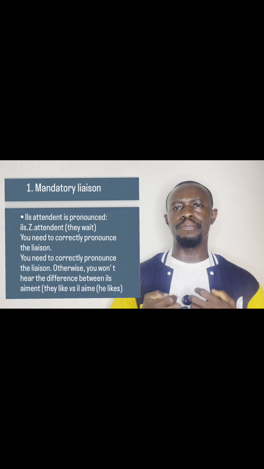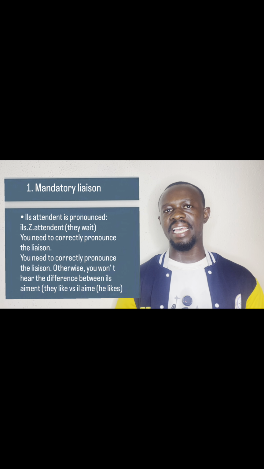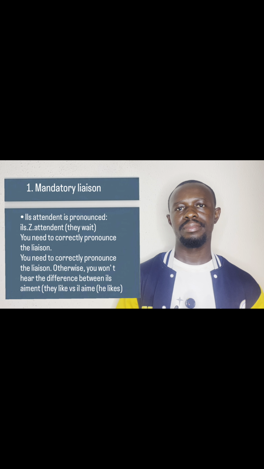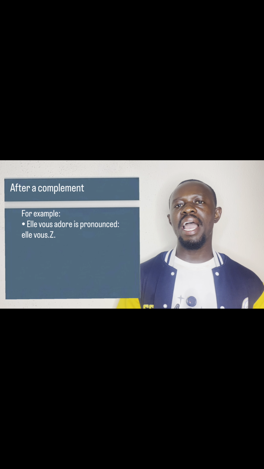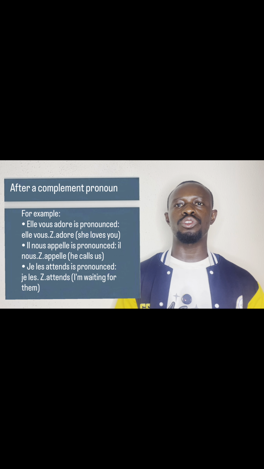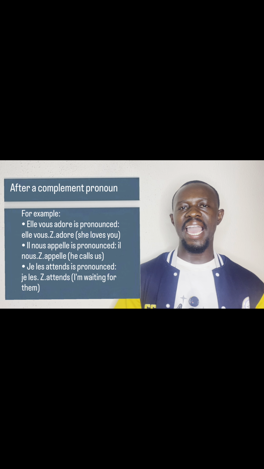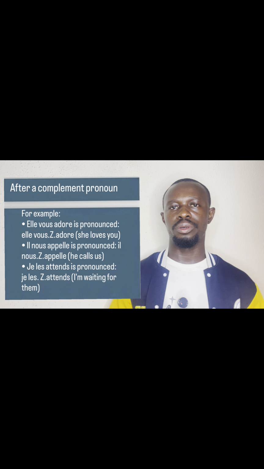So you need to correctly pronounce the liaison, otherwise you won't hear the difference between "ils aiment" and "il aime". Now, after a complement pronoun, the liaison is required in French when the preceding pronoun is the direct or indirect object of the verb. For instance, you can find it in "elle vous adore". So we say "elle vous adore".